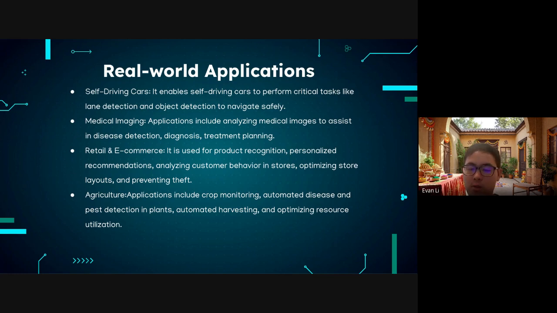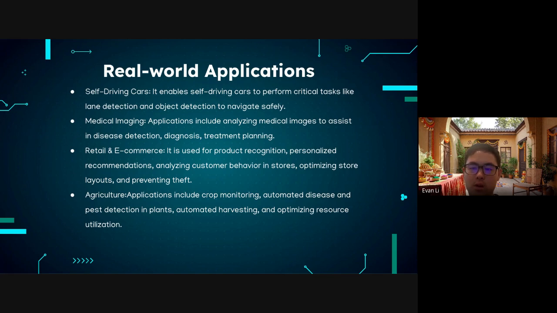The retail and e-commerce sectors are also undergoing a significant transformation driven by computer vision. In retail stores, computer vision powers automated checkout systems, eliminating long queues and enhancing the customer experience through seamless transactions.